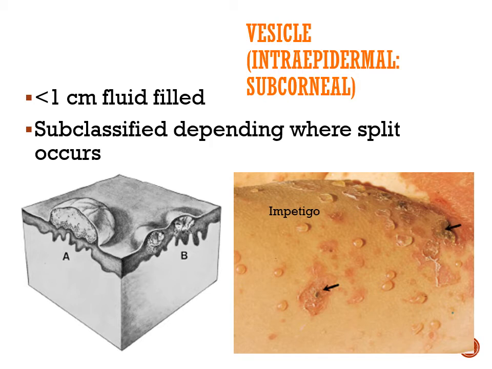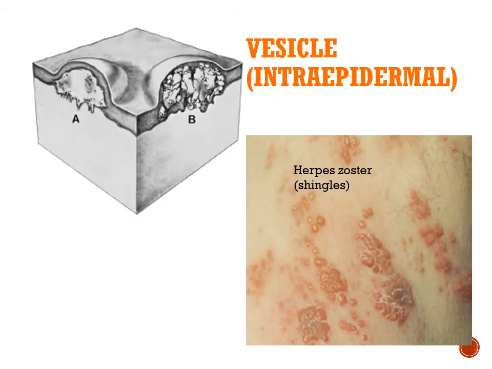The split occurs right beneath the stratum corneum, naming this the subcorneal intraepidermal vesicle. The split can occur mid-epidermis or right over the basal layer. The clinical picture shows herpes zoster or shingles.